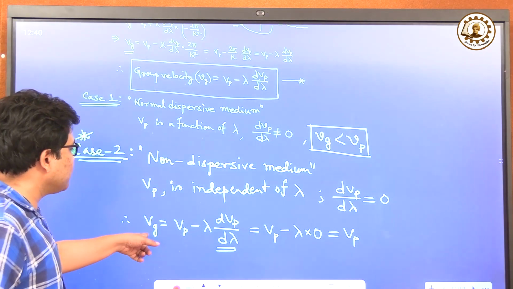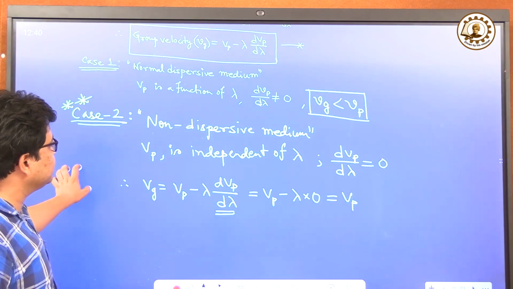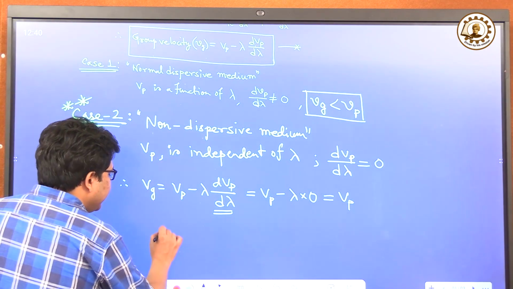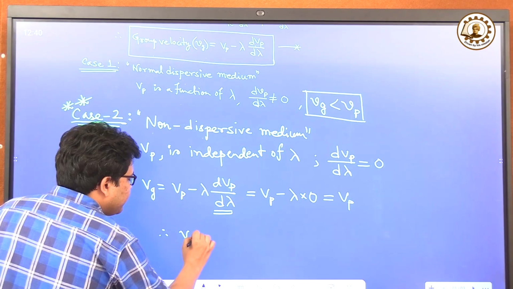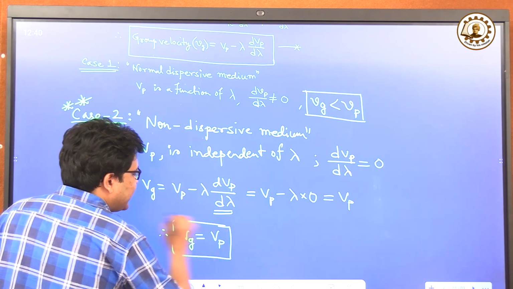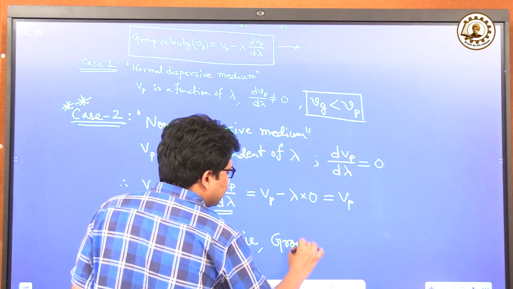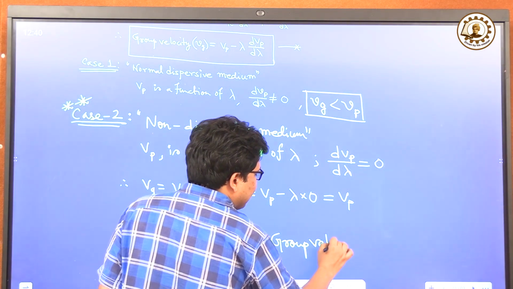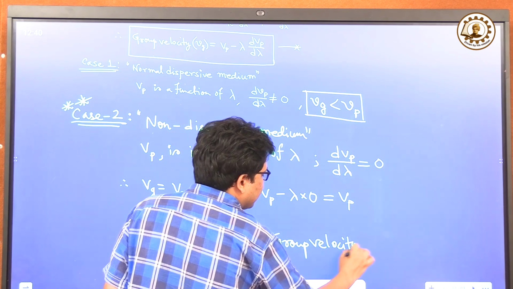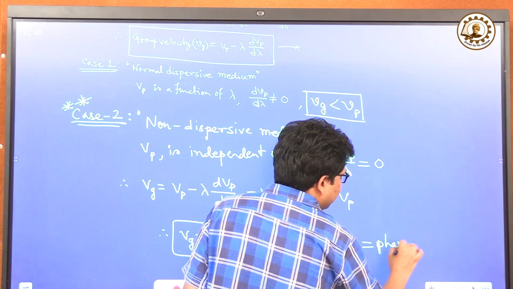So that means group velocity becomes equal to phase velocity. So in a non-dispersive medium, Vg equals Vp. That means group velocity becomes the same as phase velocity.